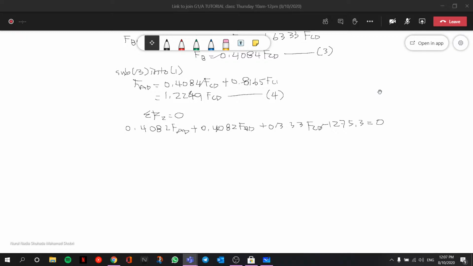So negative 1275.3 is the weight in the negative direction. So this is equation 5.